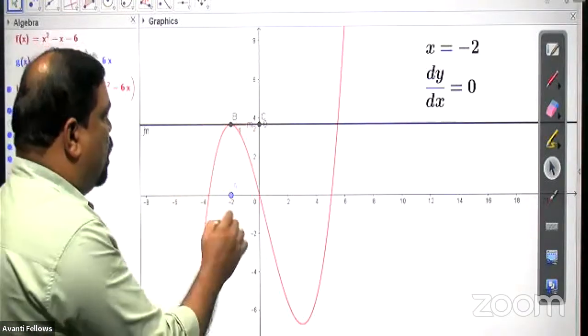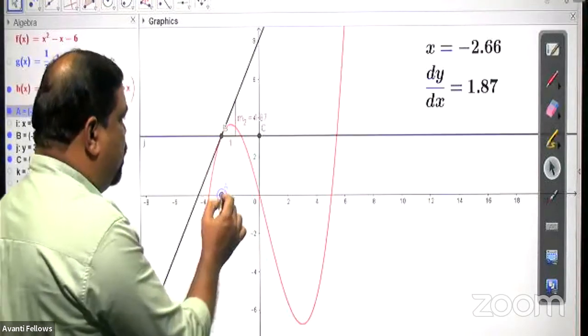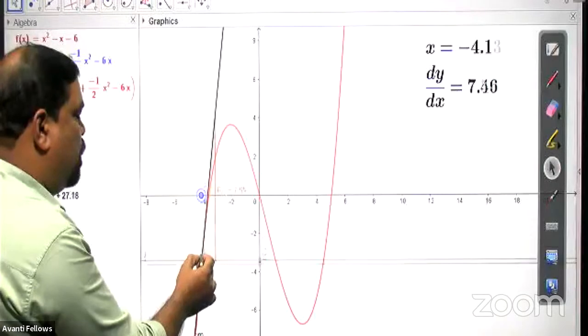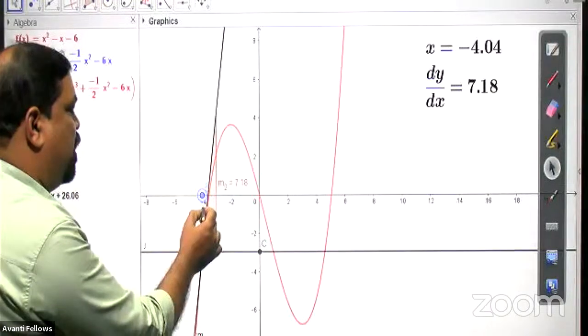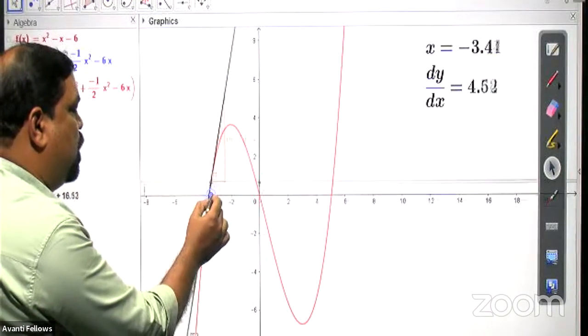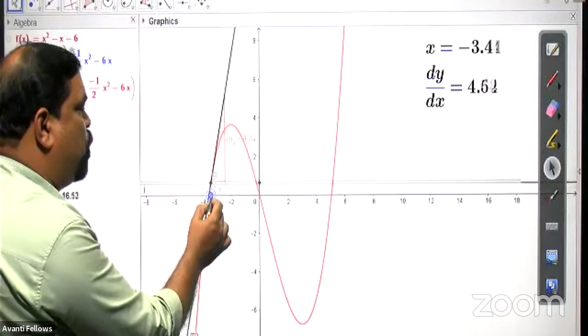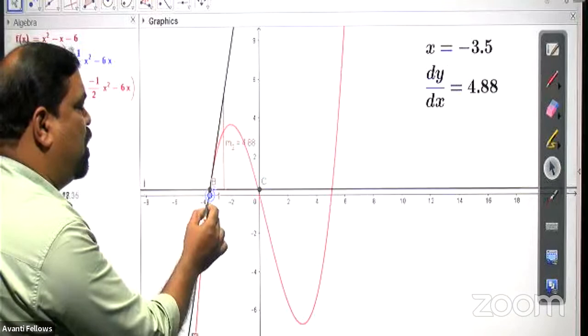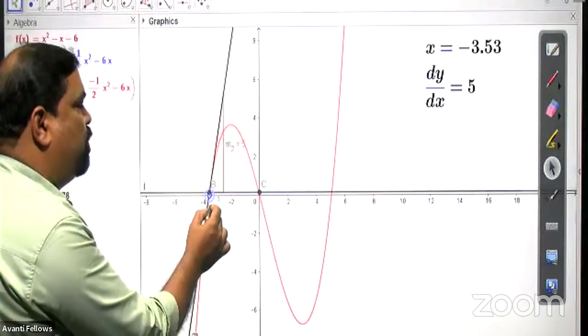And from the left side of -2, at any point, what is the slope value? Slope is positive. That means the function is increasing. Very clearly in the graph itself, you can see the function is increasing.